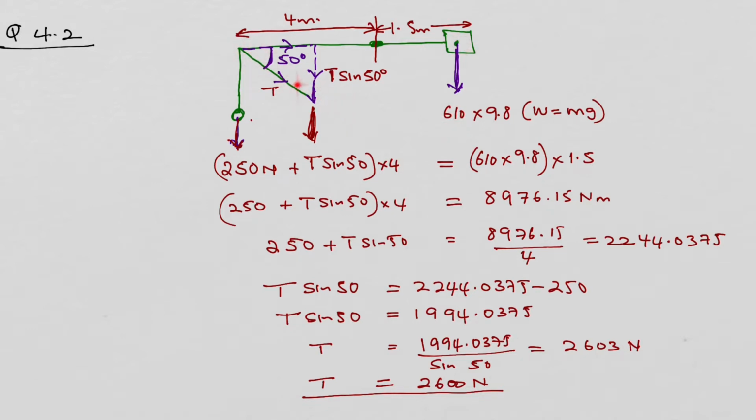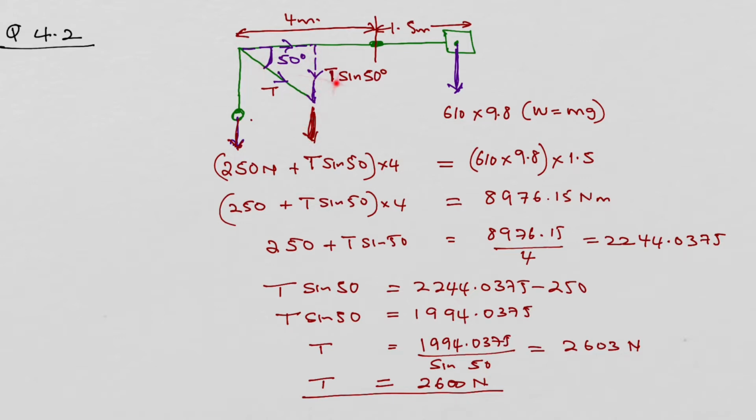There's a tension on that rope going in that direction, which means we need to resolve that vertically, because it's asking us to calculate the tension in the rope. We've got the weight acting down, that's 250 newtons, and we need to work out the resolving force of that one.